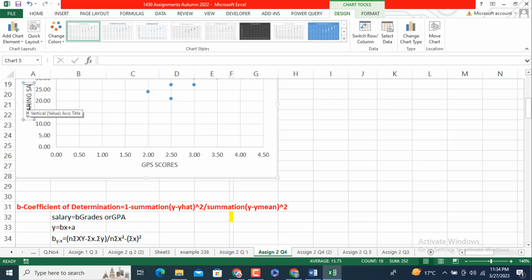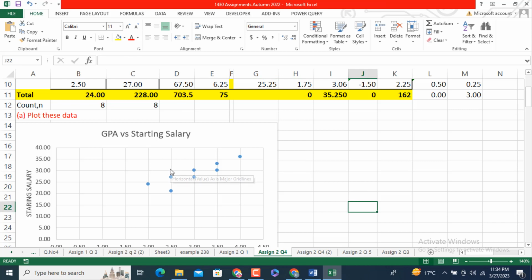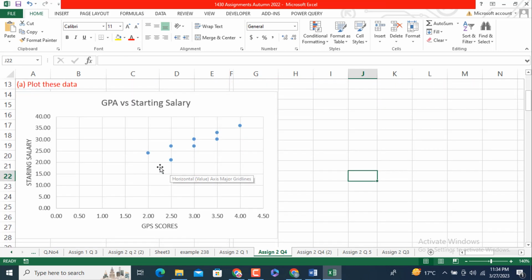After this, I change the title of this graph. I select it with Control A and write here: GPA versus starting salary. Okay, now I have cosmetically improved our graph to some extent.